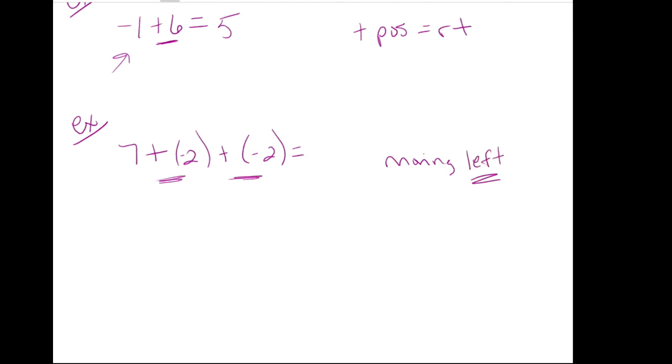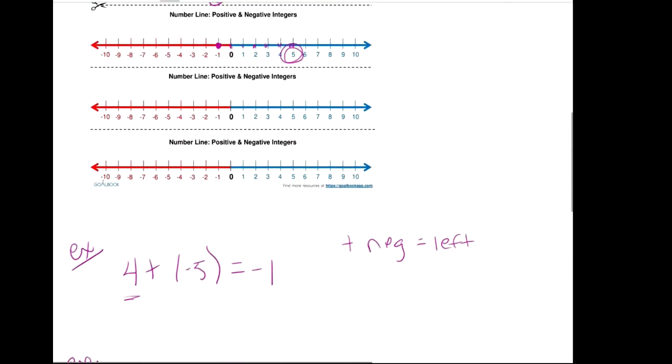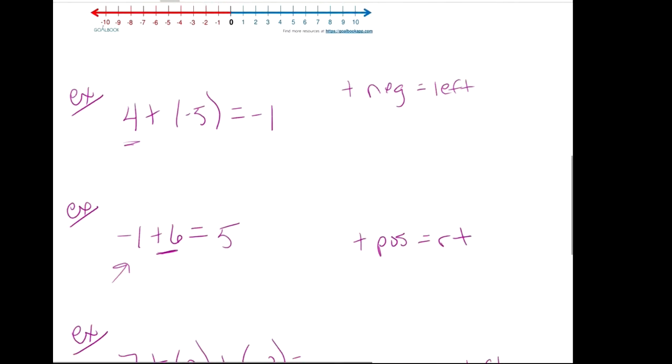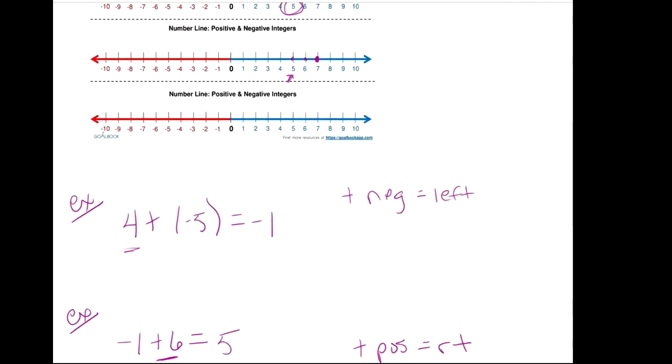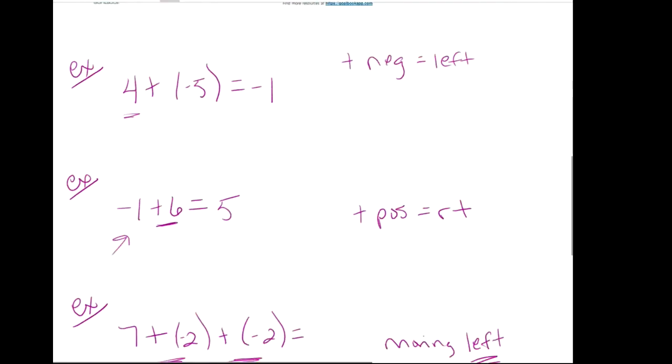Hopefully you said that out loud. Okay, so I'm going to start with 7 on the number line up here. And I'm adding negative 2 first. So the first negative 2 takes me to 5. And then I'm adding another negative 2. 1, 2, bringing me to 3.